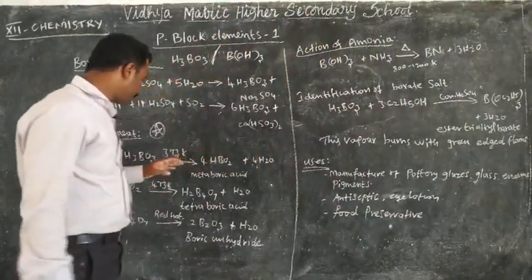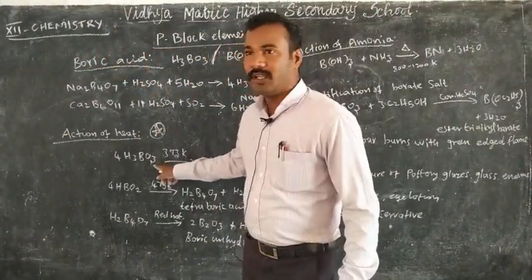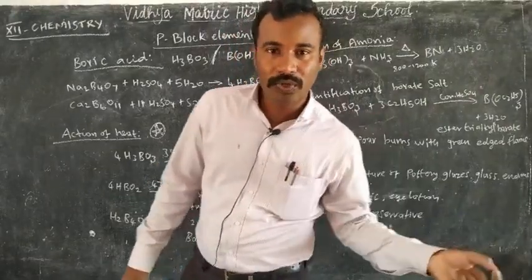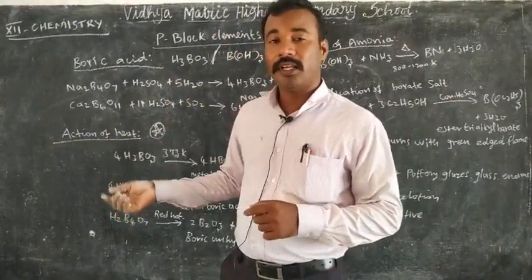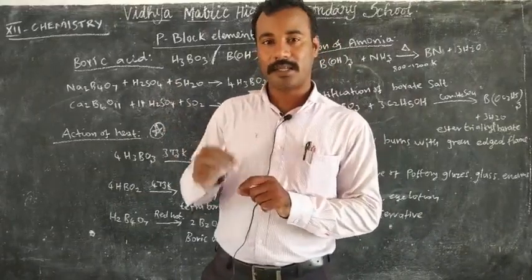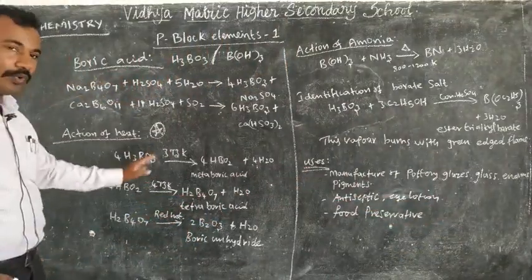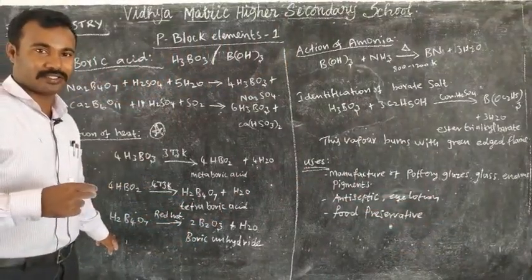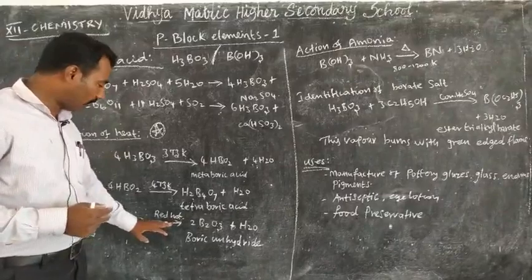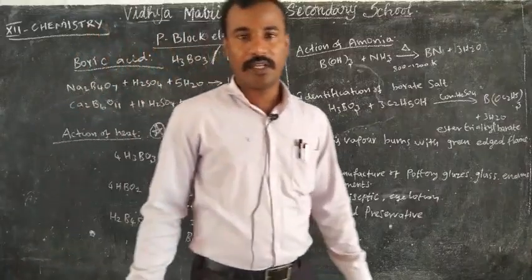Listen carefully. How do they ask the question? Compound A at the temperature of 373 Kelvin gives compound B. Compound B, on further increasing the temperature, without mentioning the particular temperature, gives compound C. Okay, then compound C at red hot temperature gives compound D. Write the equations or write the reactions.